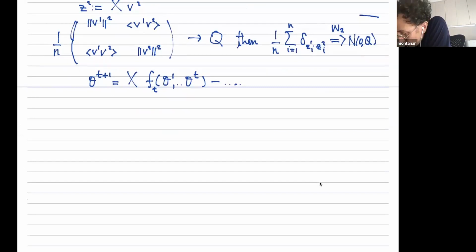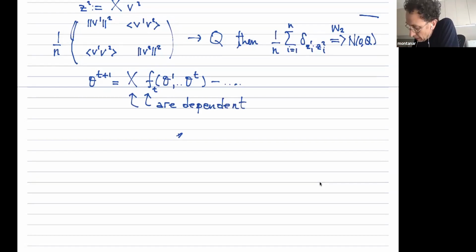Now, you wouldn't think that this simple lemma applies to this setting because x and f_t are dependent, since you computed θ_t using x. Okay, so they are completely dependent. There is no way that this simple lemma is going to apply. And in fact, in general, it will not apply.